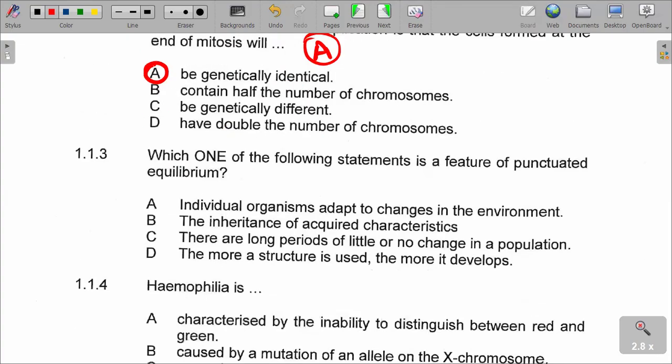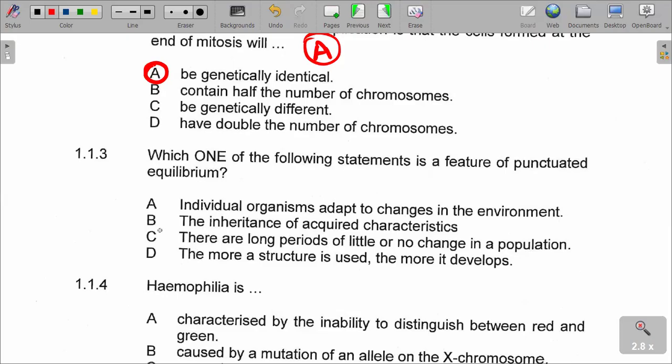Which one of the following statements is a feature of punctuated equilibrium? There are long periods of little or no change in a population.